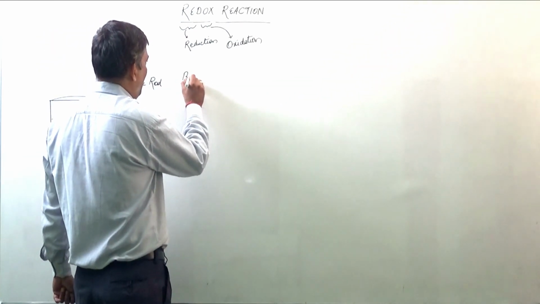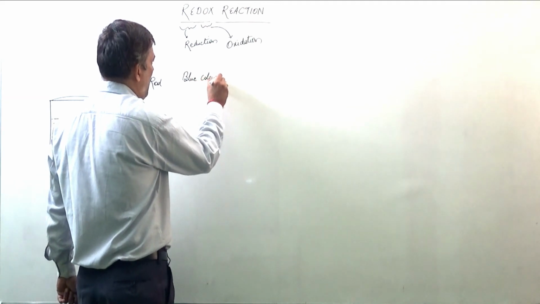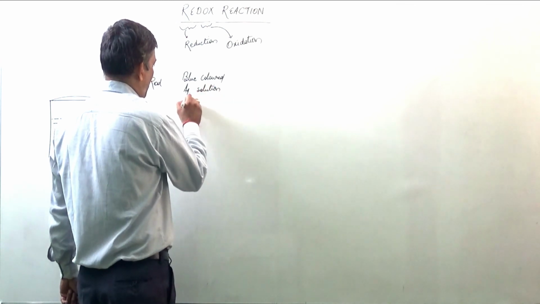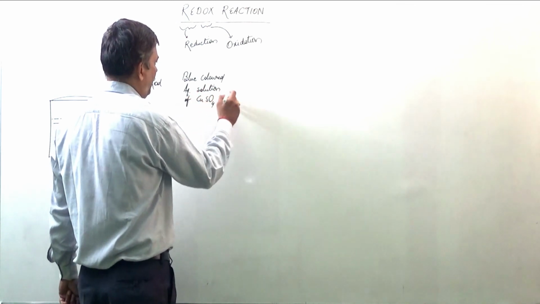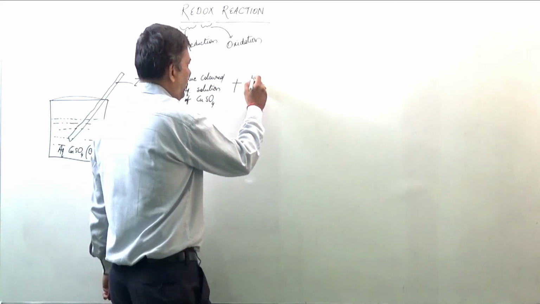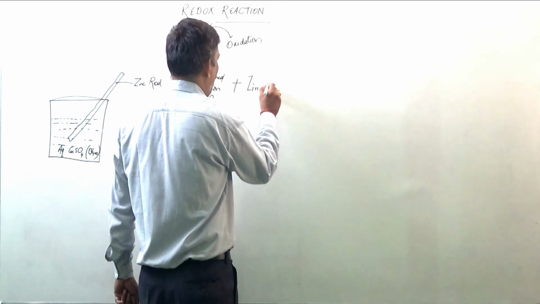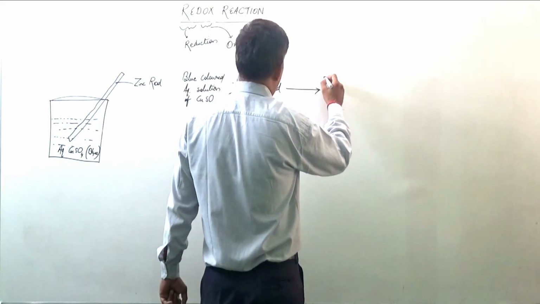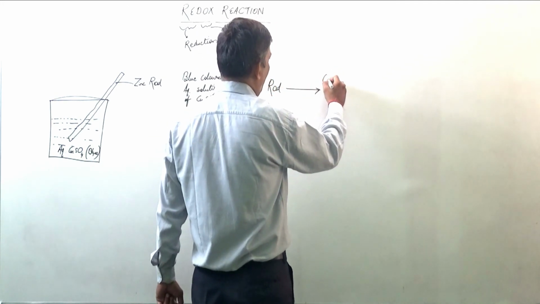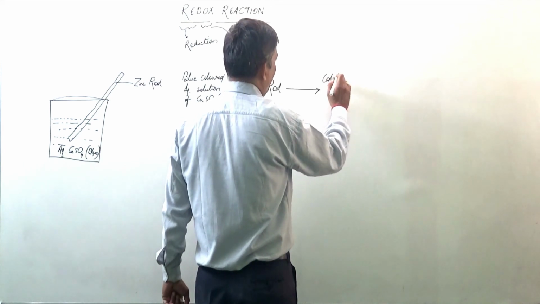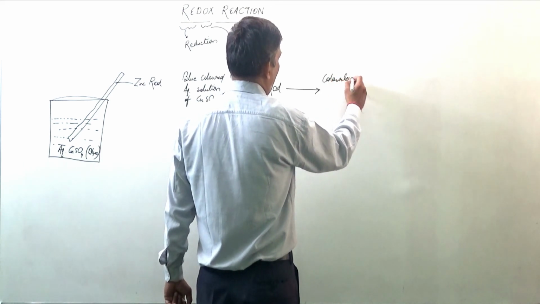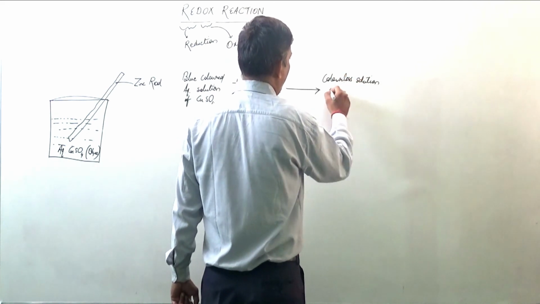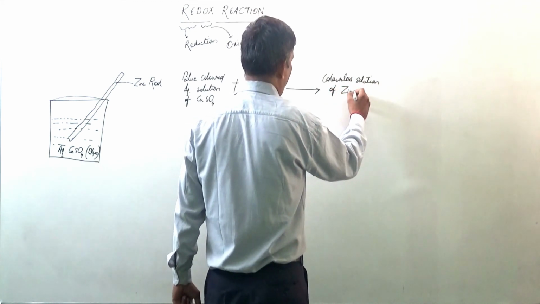The blue colored aqueous solution of copper sulfate is reacted with zinc rod, and we observe that the blue colored solution is converted into a colorless solution of zinc sulfate.